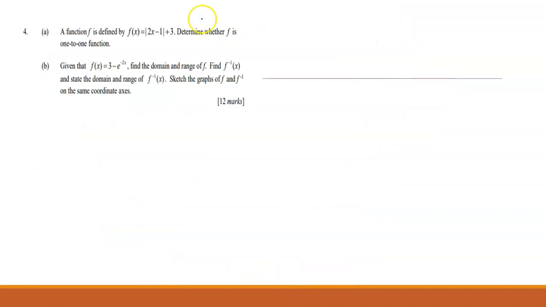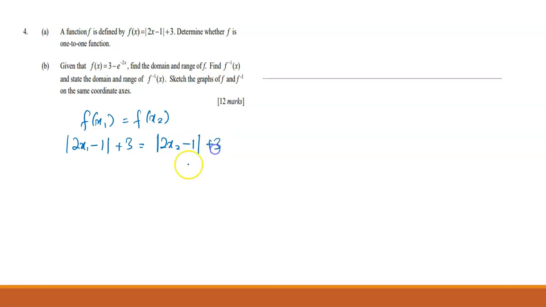Okay, now a function is defined by this one here. Determine whether f is a one-to-one function. So let's say f(x1) equal to f(x2). Which means that modulus of 2x1 minus 1 plus 3 equal to modulus of 2x2 minus 1 plus 3.